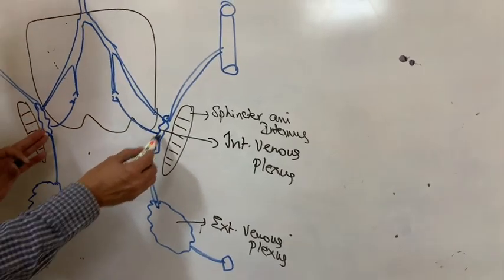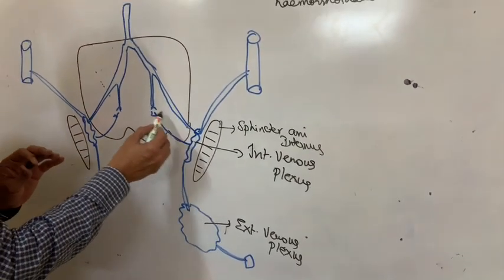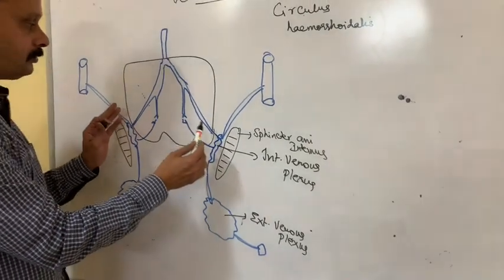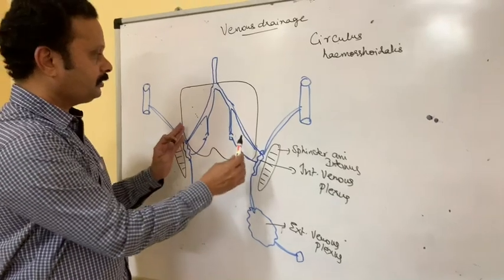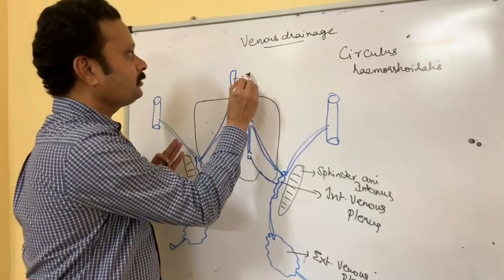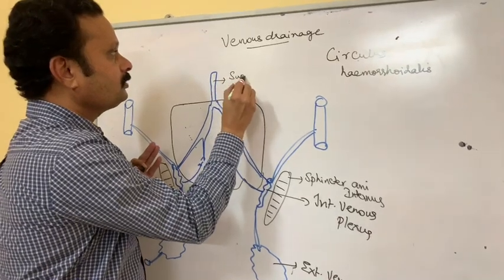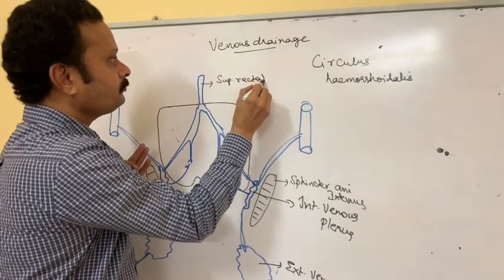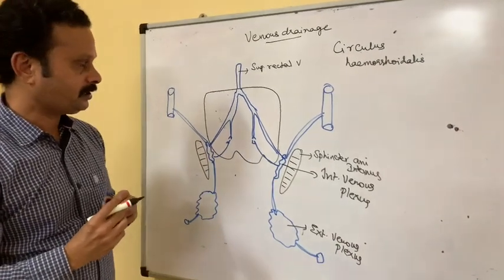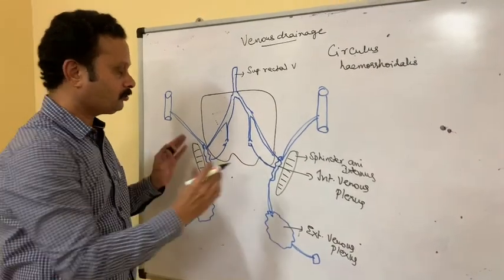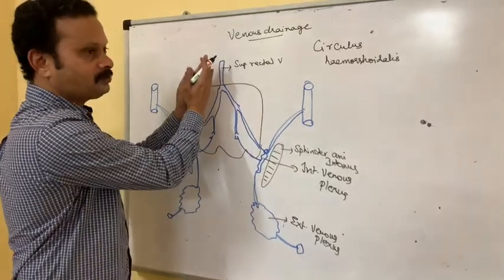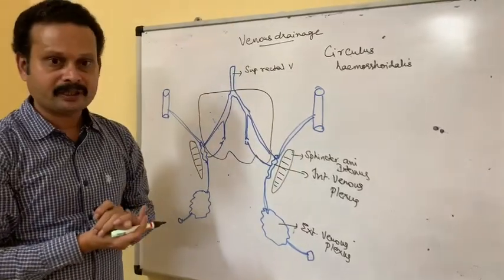From the internal venous plexus, numerous veins radiate, join with each other, and finally form the superior rectal vein, which drains into the inferior mesenteric vein. So through these veins, the venous blood passes through the superior rectal vein into the inferior mesenteric vein.